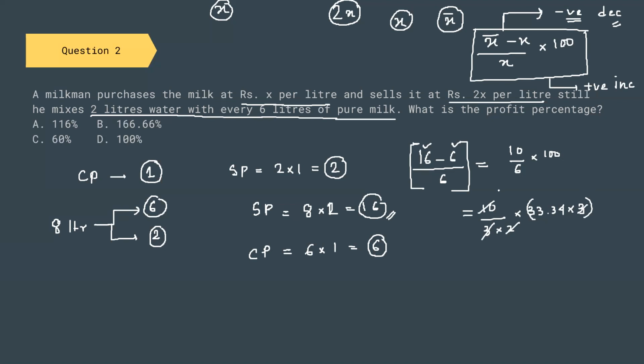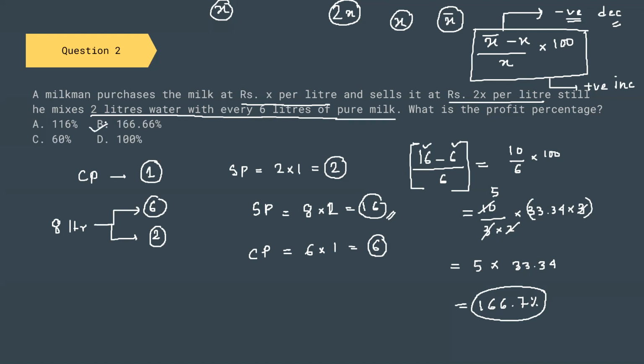This 2 is cancelled with 5. So the end result is 5 into 33.34. So the final profit percentage is 166.7%. That is the profit percentage of that milkman. So this will be option number B. So I hope this question was clear to you.